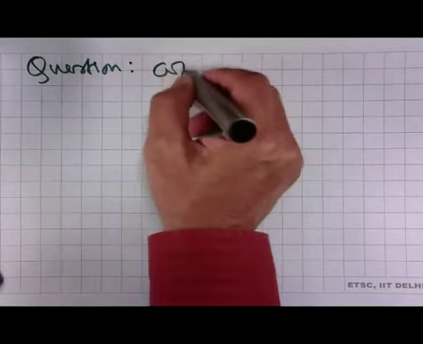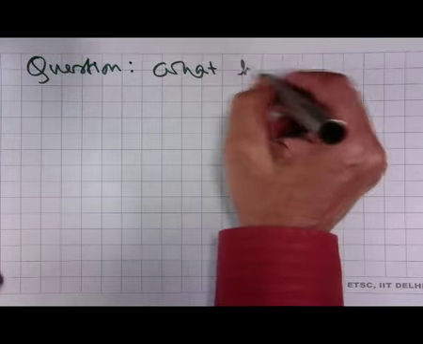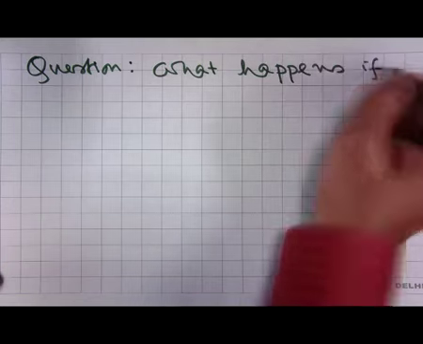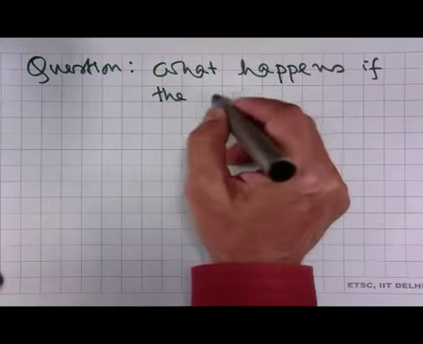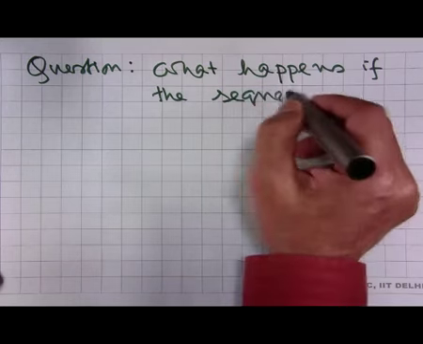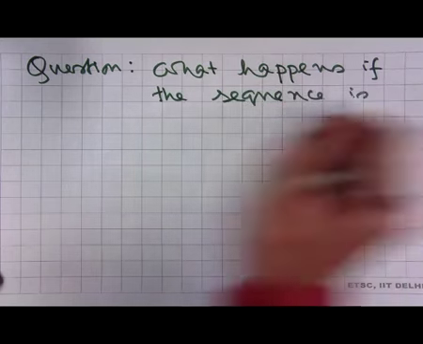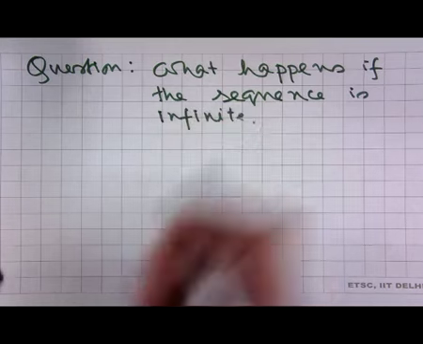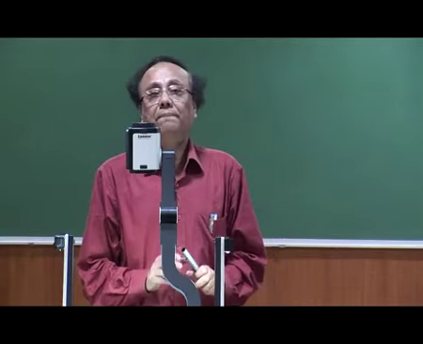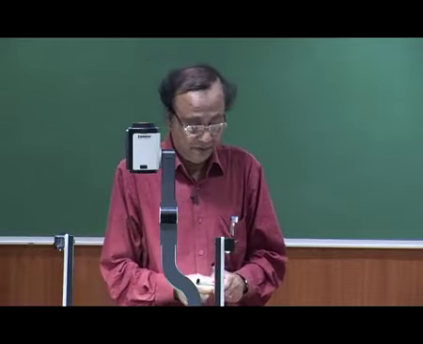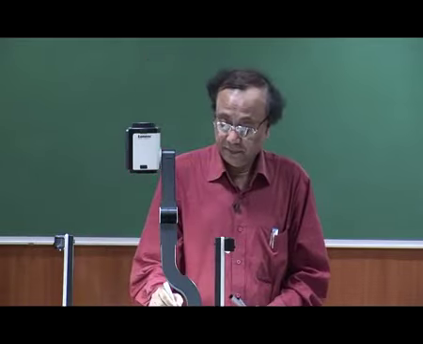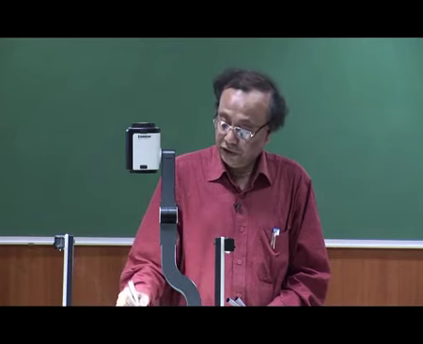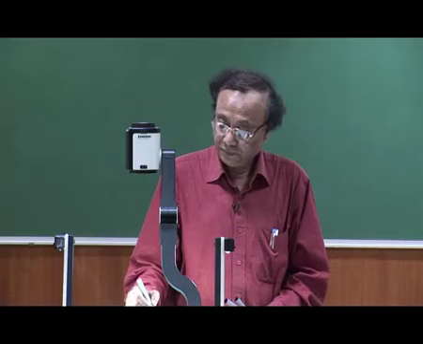what happens if the sequence is infinite? That means, the number of terms in that sequence is infinite, e.g. a k is equal to 2 to the power k.